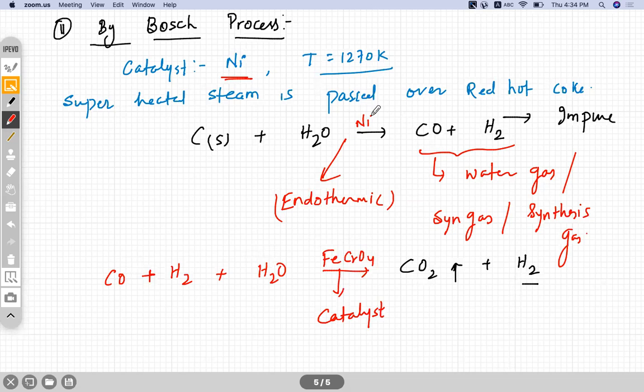The first reaction takes place in the presence of nickel. Done. Okay. Now the next method is from hydrocarbon.